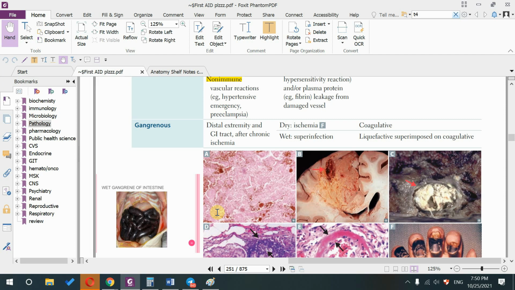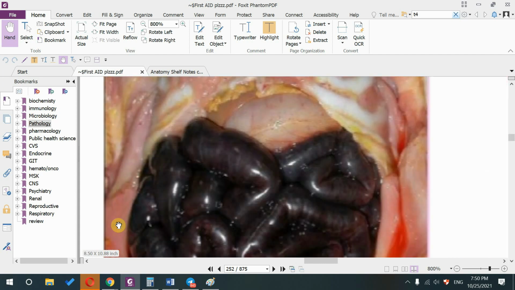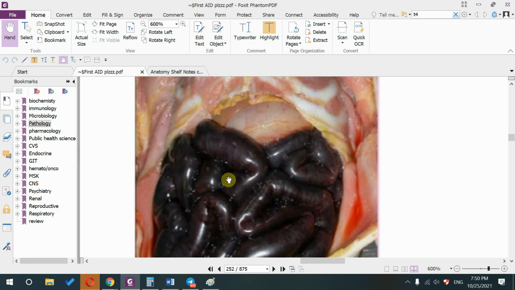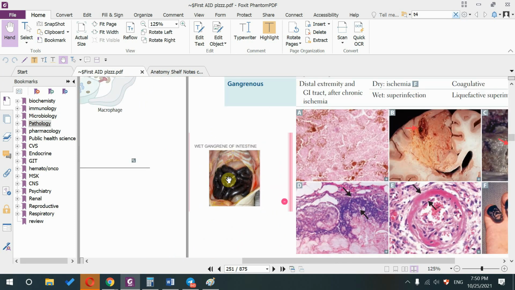It likes to affect the distalmost portion of our extremities, and also it can affect the GI tract. It was kind of difficult to find one in the GI tract, but here it is. You see it, guys? That's how it looks. So it affects the distal extremity and the GI tract after chronic ischemia.